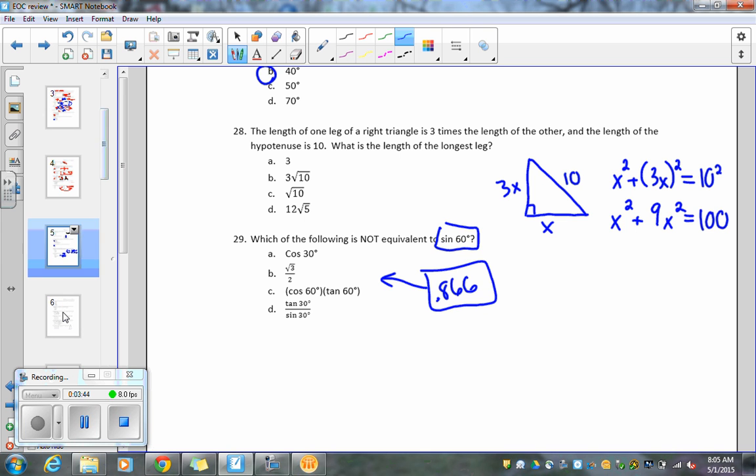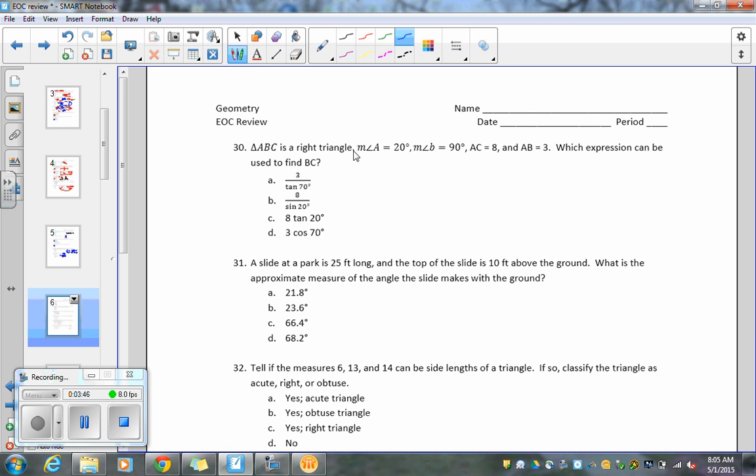All right, question number 30. If ABC is a right triangle, angle A is 20, B is 90, let's go ahead and draw our right triangle. So B is my 90-degree angle, so this is where B is. A we'll just say is 20. AC would be 8. AB will be 3. Which expression do you need to find BC? So I'm looking for this. If I know this information, this is the opposite side, this is my adjacent side, this is my hypotenuse.